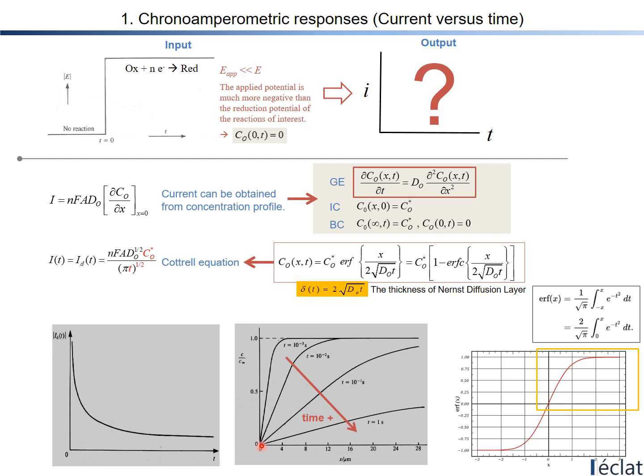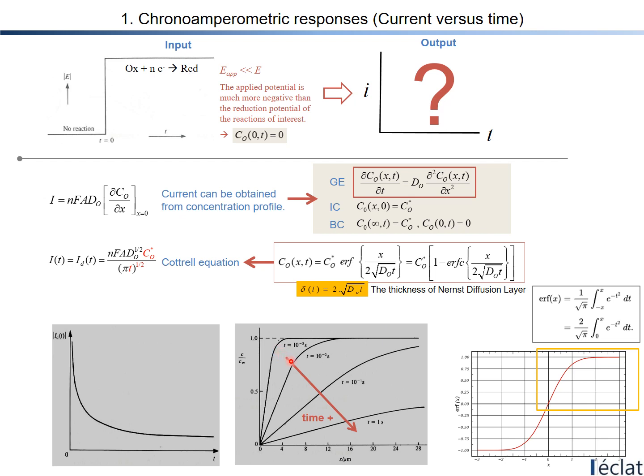Therefore, a very steep concentration gradient is developed, and the slope of this concentration profile is directly related to the current. So in the initial period, you would have very high values of current, like that. In this picture, you can find time on the x-axis, and the y-axis is the diffusion current. So very high values of current are obtained in the initial period.